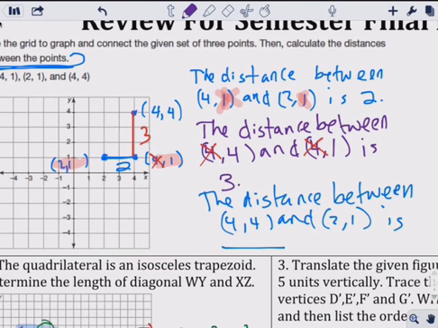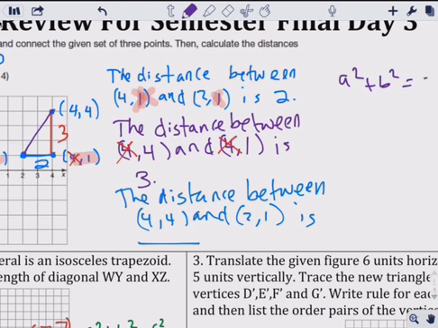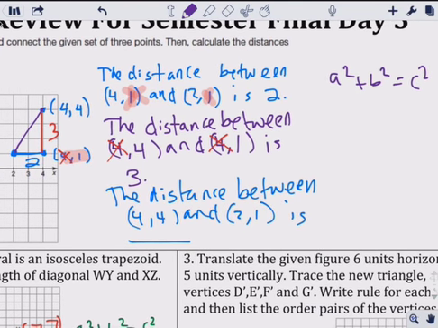Let me draw it nicer. Right there. Okay, so we do a squared plus b squared equals c squared. Okay, so a is 3, b is 2, and we square them equals c squared. You get 9 plus 4 equals c squared. And the square root of them is the square root of 13.